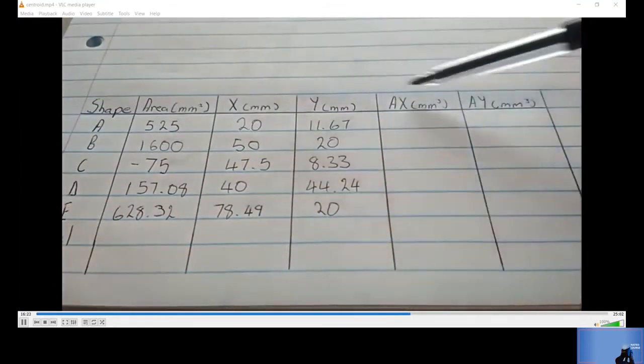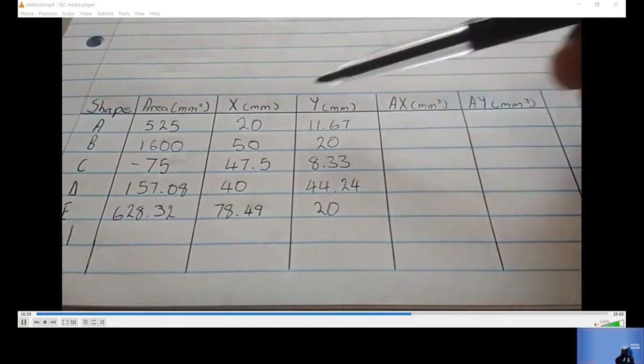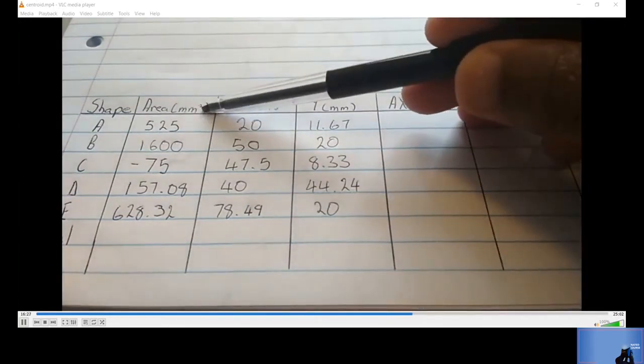A times X. So it's area times the X part, and it's in millimeter cubed because I'm multiplying a millimeter squared times a millimeter. So for the first one, we're just simply gonna say 525 times 20, and we're gonna get 10,500. Write it down here.